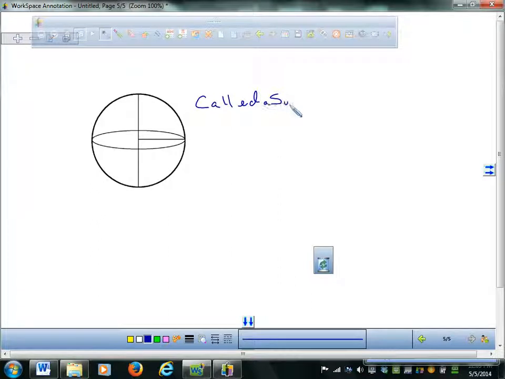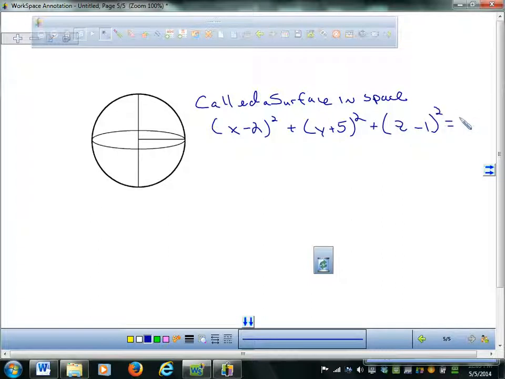A surface in space. So say I have a sphere with x minus 2 squared plus y plus 5 squared plus, I don't know, z minus 1 squared equals 36, right? It's called a surface because the interior points aren't part of this sphere.